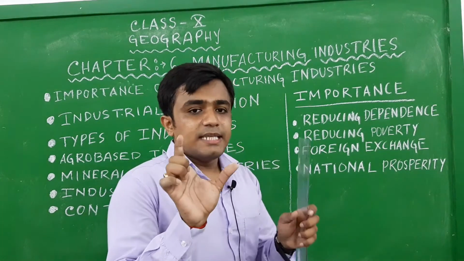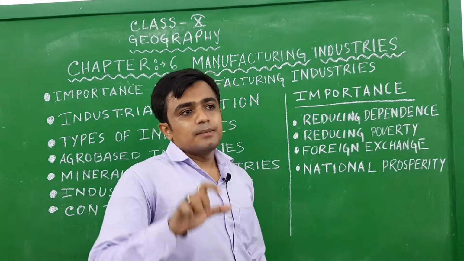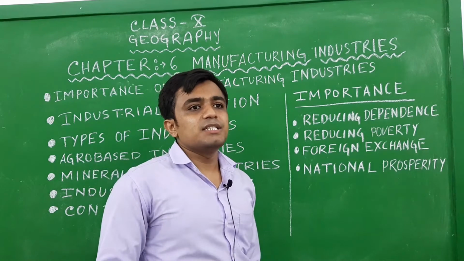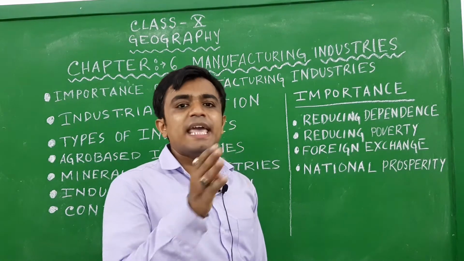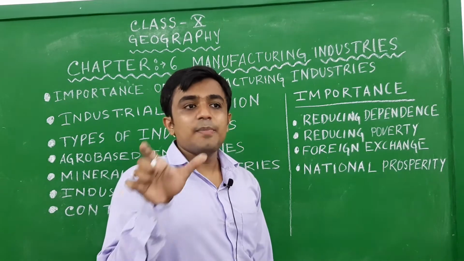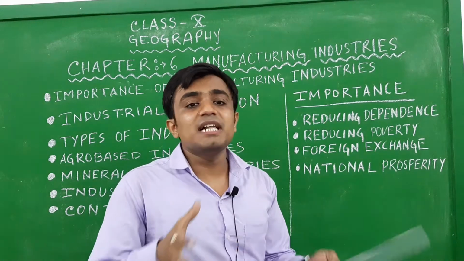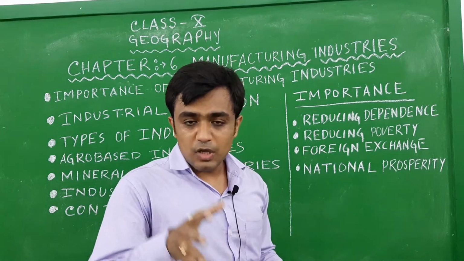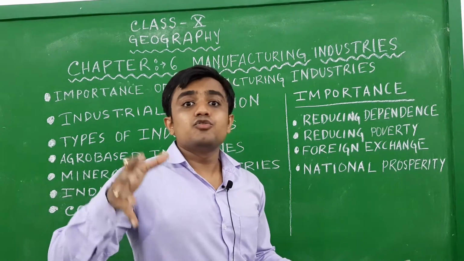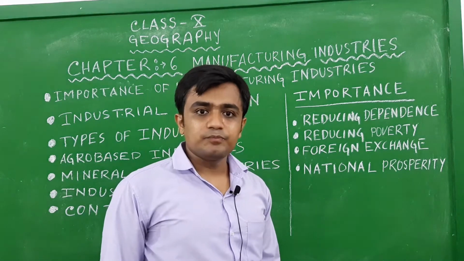Then listen, manufacturing industries and agriculture move hand in hand because they help each other. How? We get agricultural products like jute, cotton, and sugarcane, which help to build up an industry.